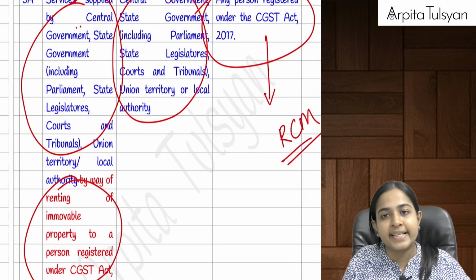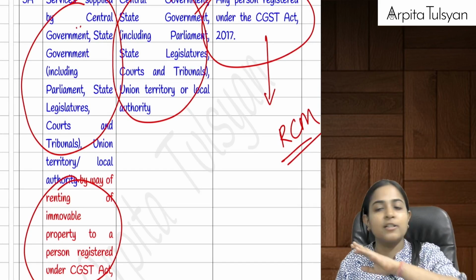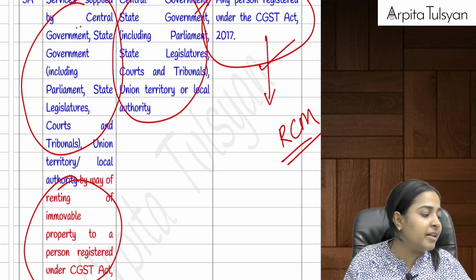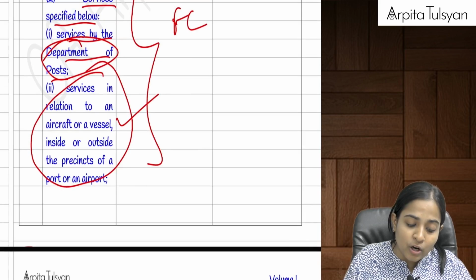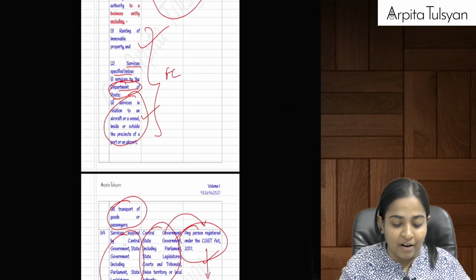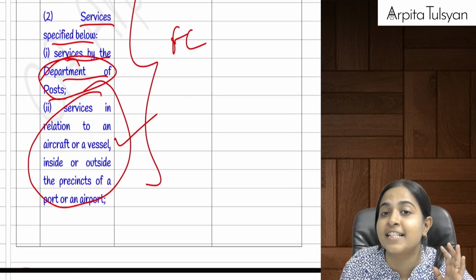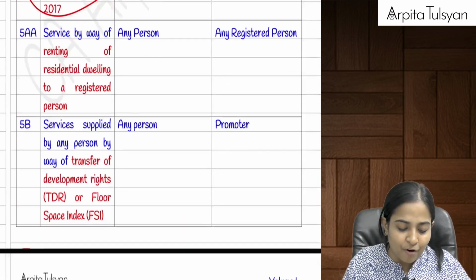That is, the government says that for this also we will not take the burden; the responsibility is going to be on the registered person. Now what about Department of Post, etc.? For that still forward charge is applicable, right?